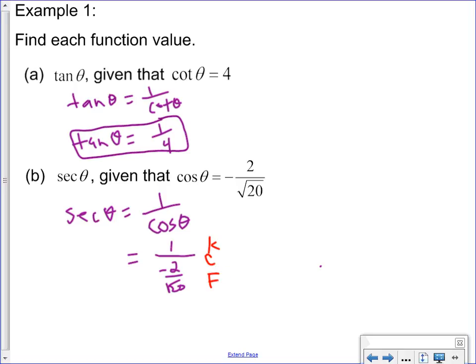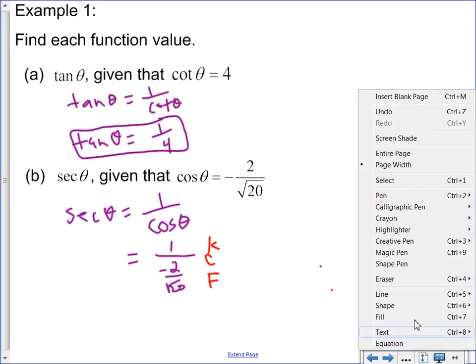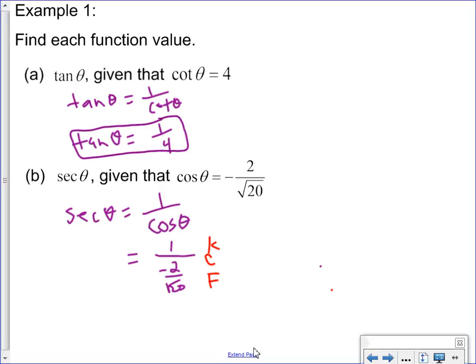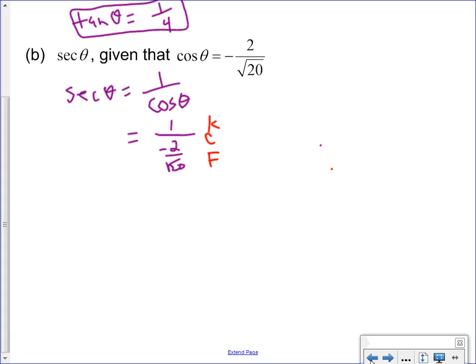Keep change flip. Think back to algebra 2. Keep change flip: you keep the top, that's division, change it to multiplication, and flip your fraction.